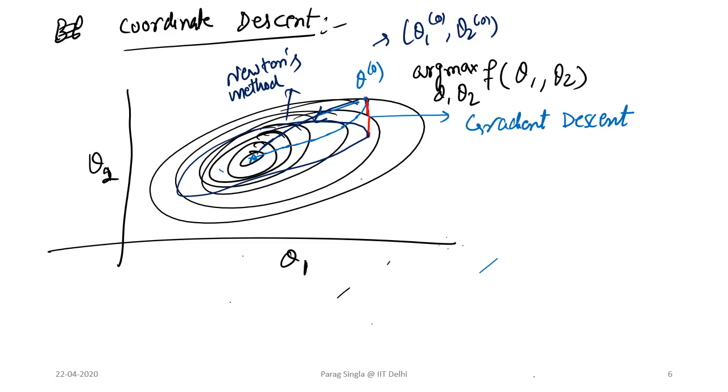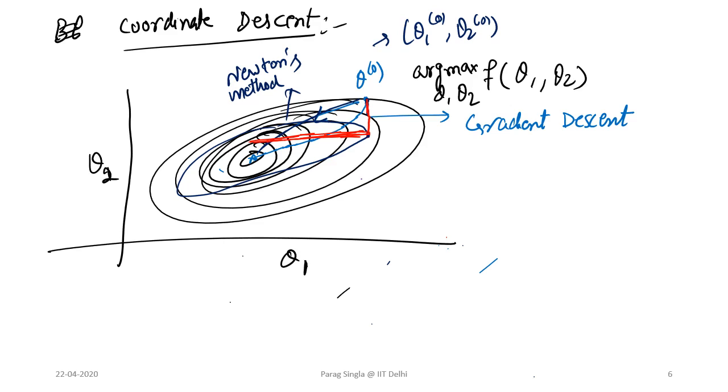And once you have optimized with respect to theta 2, you then optimize with respect to theta 1, which means searching for the optimum of this function along this horizontal line, searching for theta 1 while fixing theta 2.